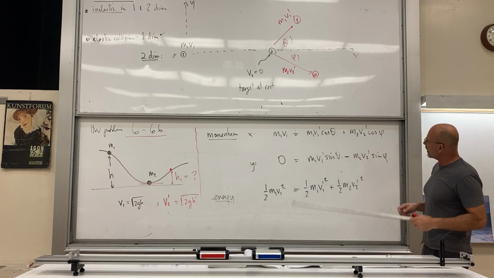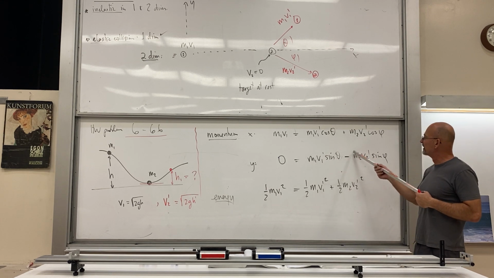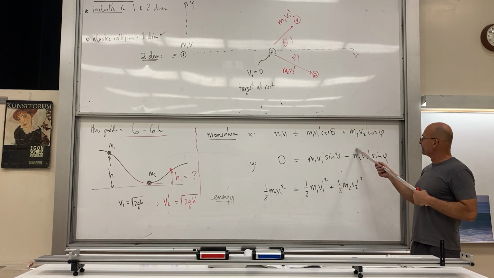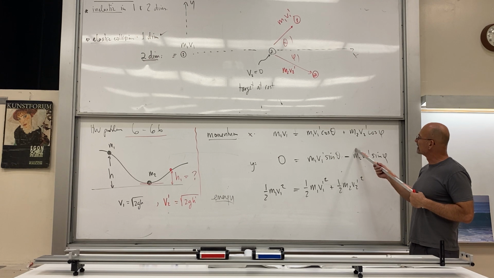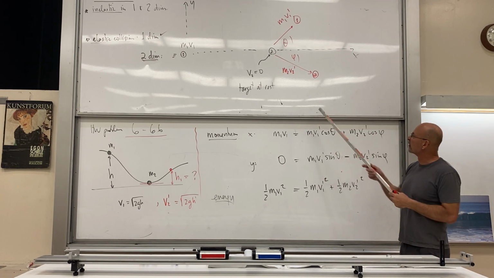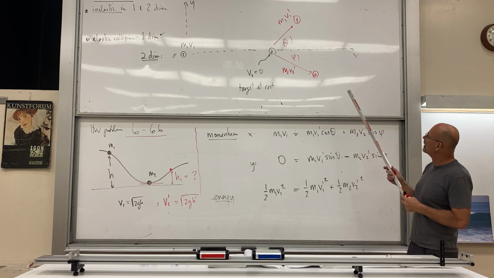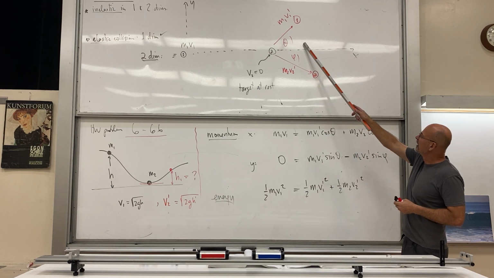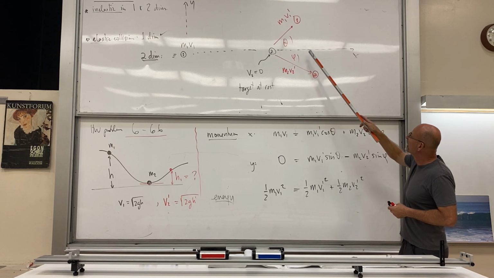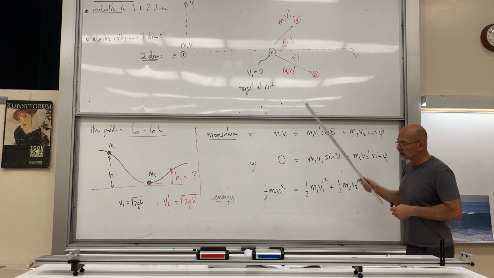So you'll see there are 3 possible equations. Interestingly though, there are 3 actual equations. There are 4 possible unknowns, namely theta, phi, V1 prime, and V2 prime.